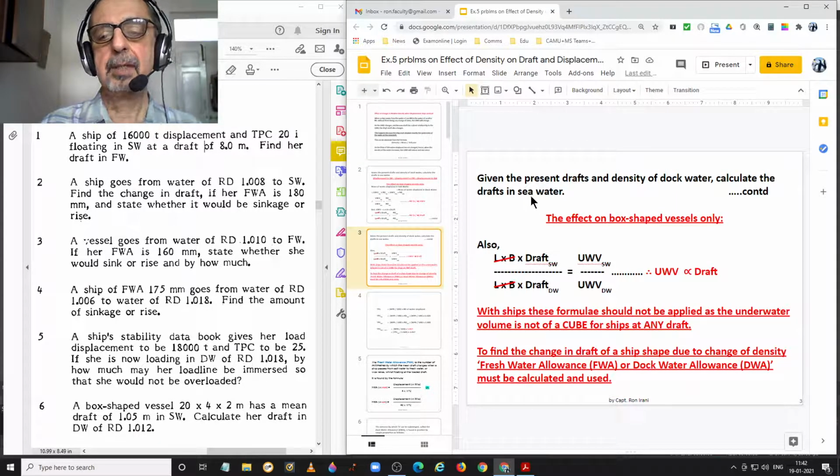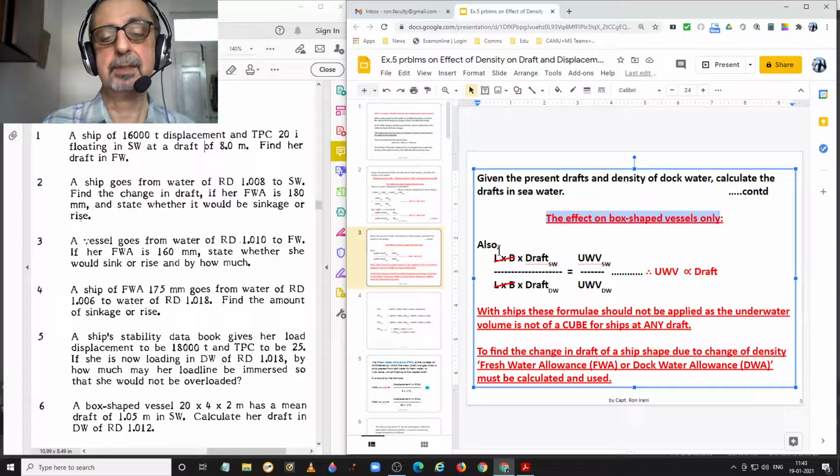Now, given the present drafts and density of dock water, we have to calculate the drafts in seawater, and this is what we are going to continue. The effect on box-shaped vessels only, please. We know that underwater volume is equal to length into breadth into draft.